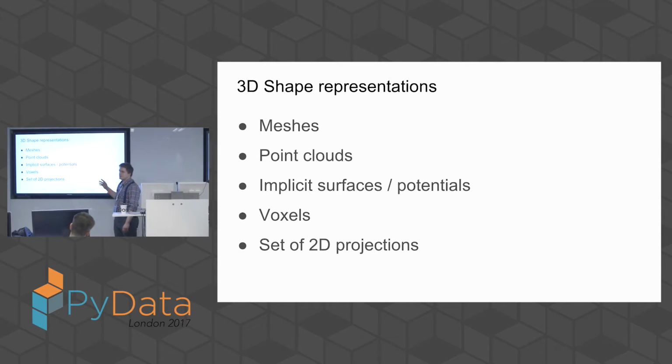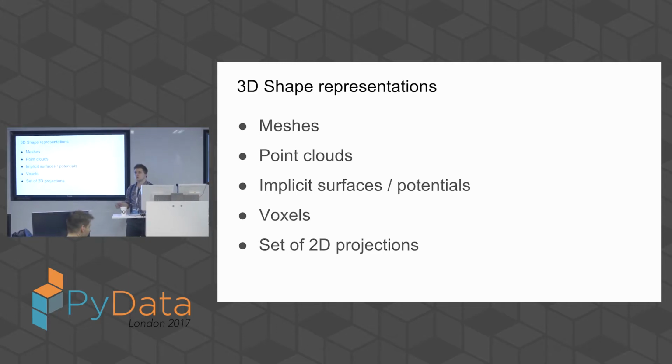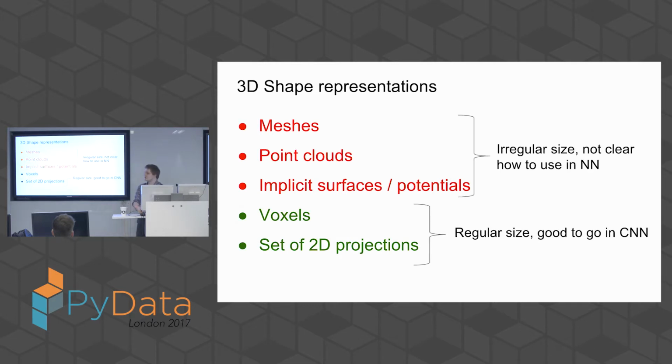3D objects can be encoded in multiple ways. Usually it's meshes, triangular or other kinds of meshes, point clouds, just some amount of points in a frame of reference, implicit surfaces and potentials, which are a more obscure method of describing objects. Voxels are quite popular, and some people use multiple projections from several perspectives to represent an object, but that's, of course, not completely 3D.